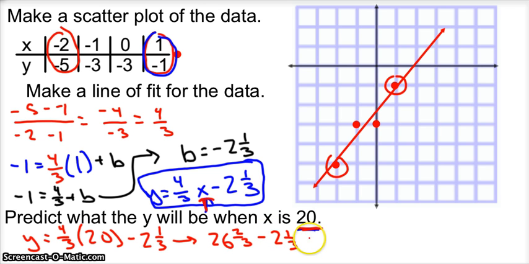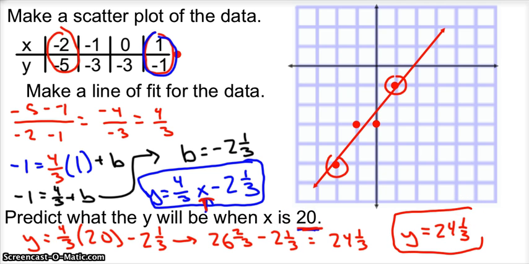And finally, we come up with 24 1/3. So we have y equaling 24 1/3 when x is 20. So our solution here would be y equals 24 1/3.